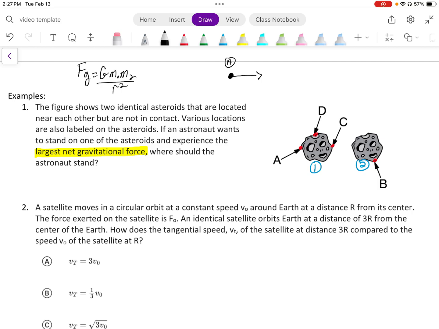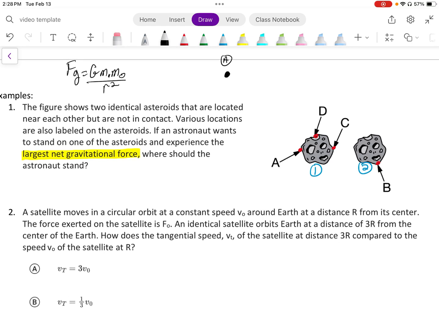If I was located at A, there would be a force of gravity from asteroid 1, and it would be equal to big G times the mass of asteroid 1 times the mass of the astronaut. Instead of M2, I'll just say M naught. This is the force of gravity from asteroid number 1 on that person.